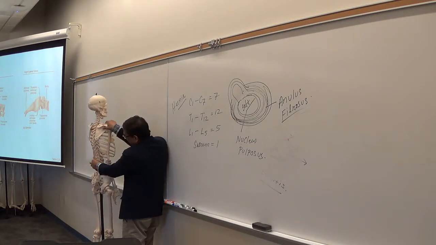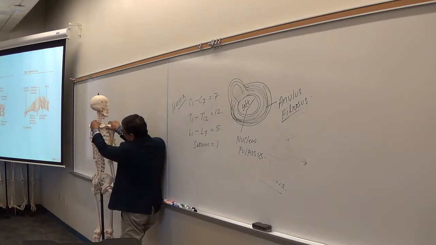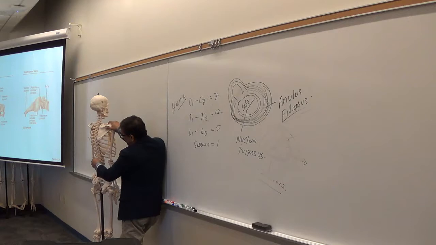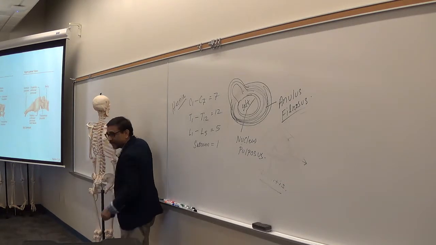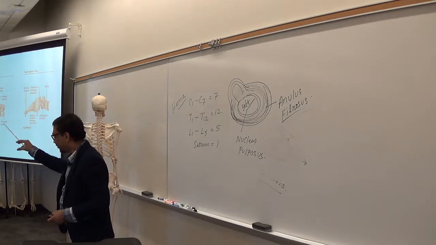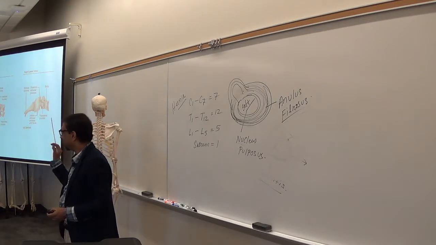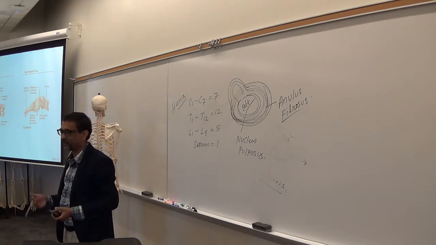Now look at this one. It is short and flat, not pointed, the end is flat and broad. That's lumbar. So split is cervical, long pointed is thoracic, and short, flat is lumbar. Make sense? If I give you three, you should be able to identify which one is cervical, thoracic, or lumbar, looking at the spinous process only.